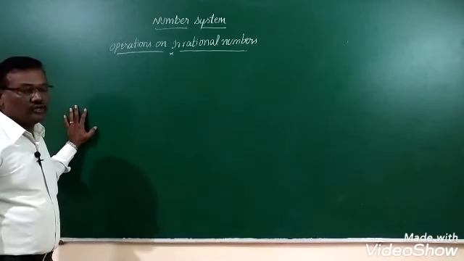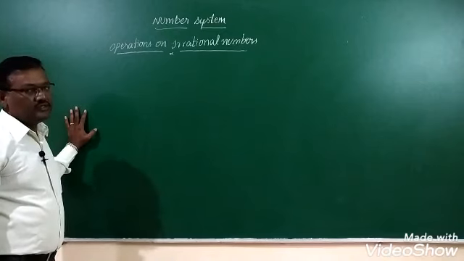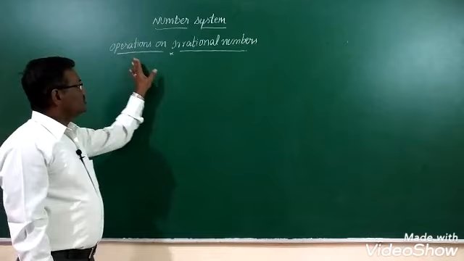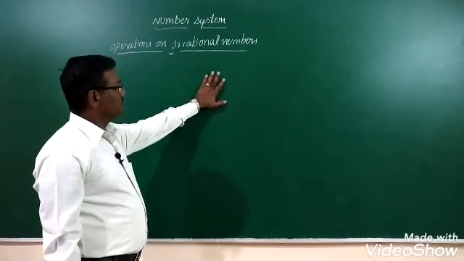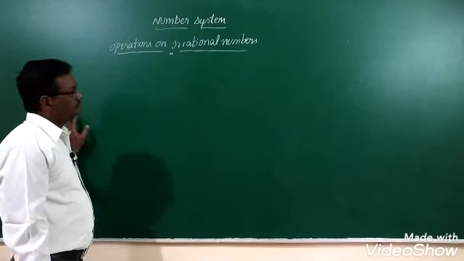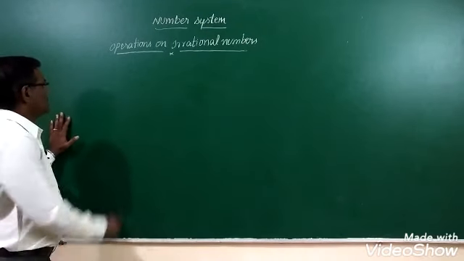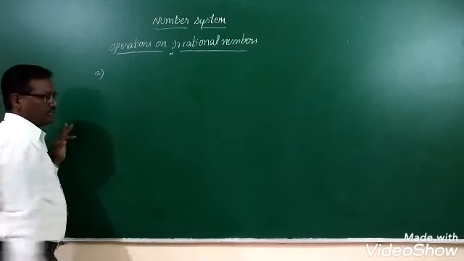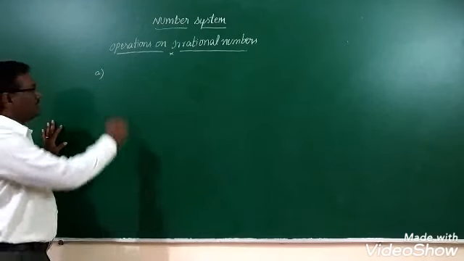These are the four fundamental operations which we have studied in earlier classes. Operations on rational numbers we have studied, but here, operations on irrational numbers. First of all, let us come to know about like irrationals and unlike irrationals.